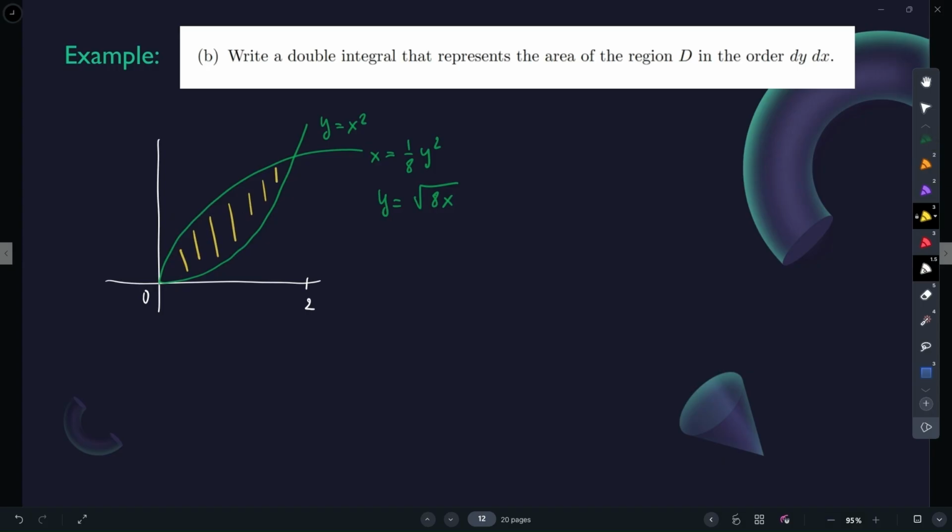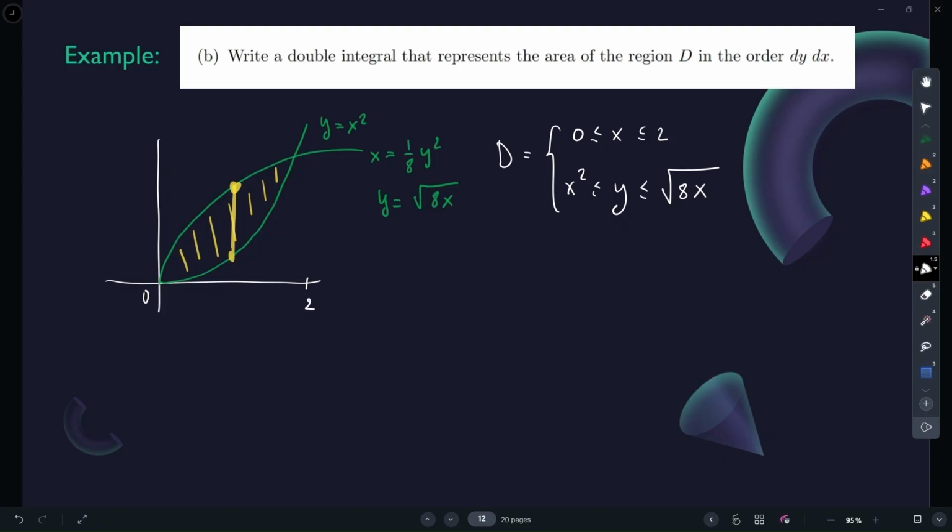So the region D can be described as x going between 0 and 2, and y is going from here to here. So from x squared all the way to the square root of 8x.